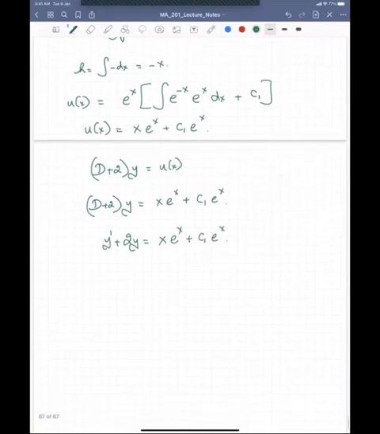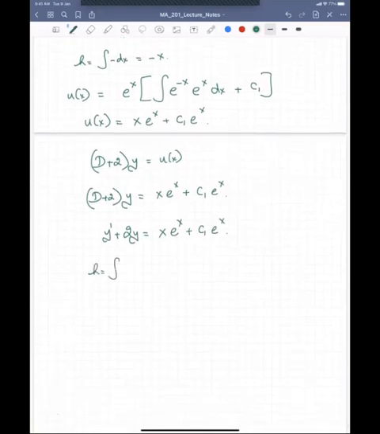Okay, so in this case, h is the integral of p of x dx. p of x is 2, so this is 2x. And r of x is, of course, x e to the x plus c1 e to the x. And I will not bore you by figuring out the entire solution. You can simply write down what the solution is using the exact same formula.